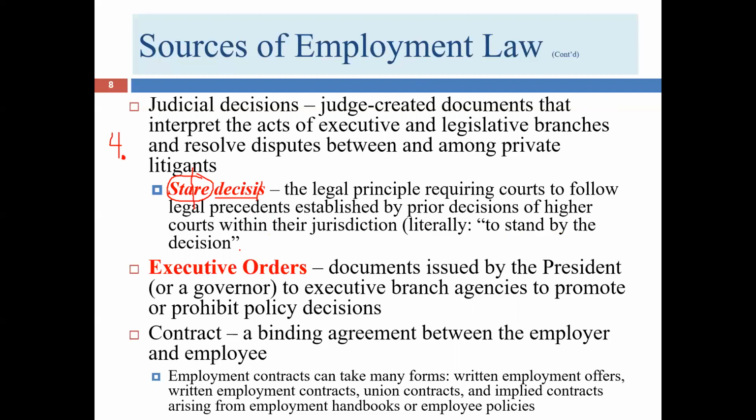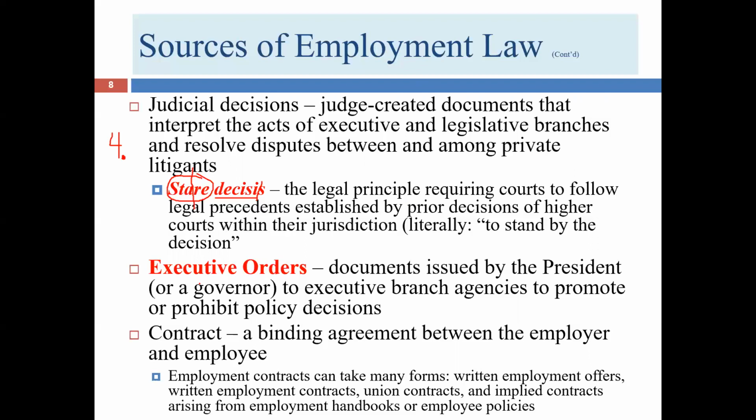So what stare decisis means is that a judge is going to follow decisions made by higher courts than his or her court, or by courts at an equal level to his or her court within his or her jurisdiction. So let's imagine that I am a federal judge in the Northern District of Texas.